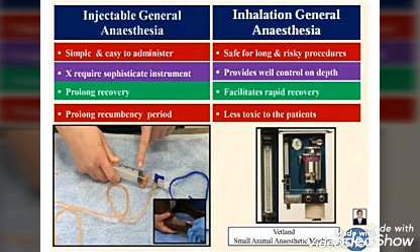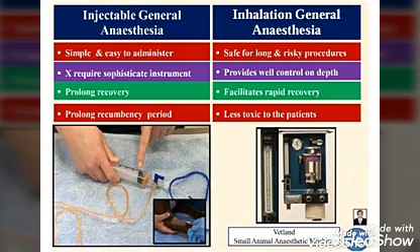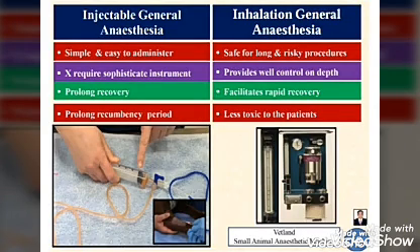Many types of small animal anesthetic machines are available in the market with complicated outer looks. My concentration is on the outer look of the machines, not the inner. The inner side is basically the same in all machines; the circuit is the same in all machines, but the outer side is very complicated.